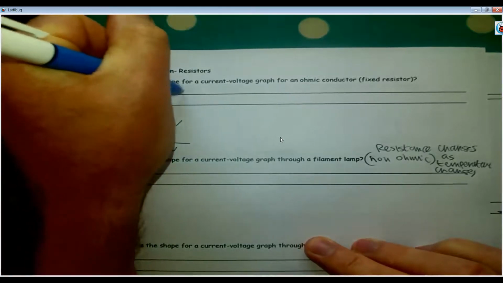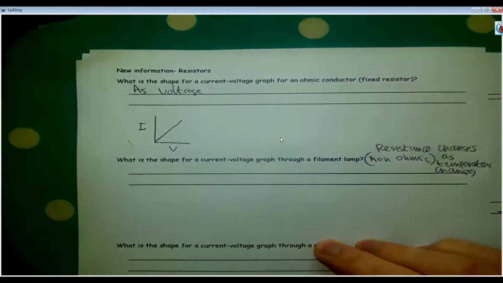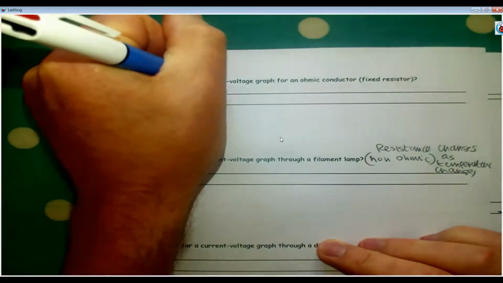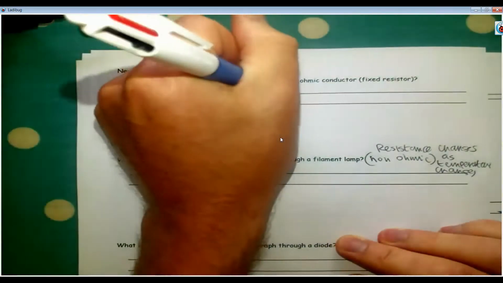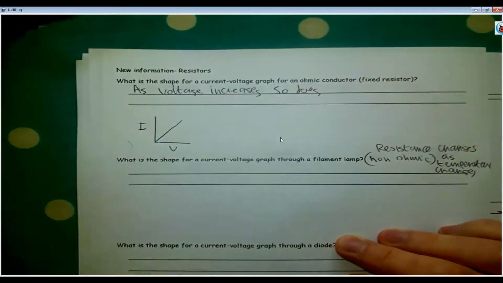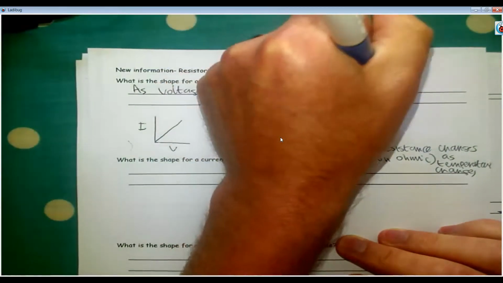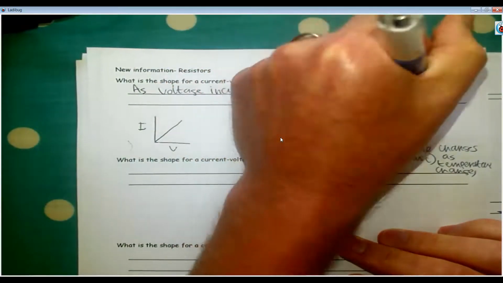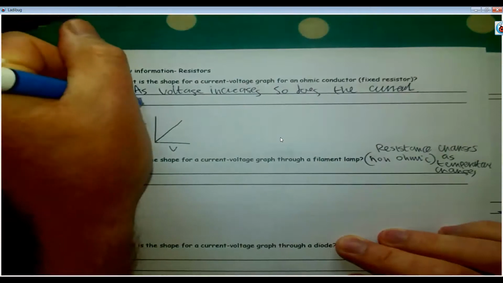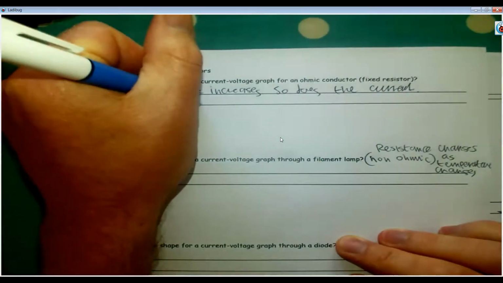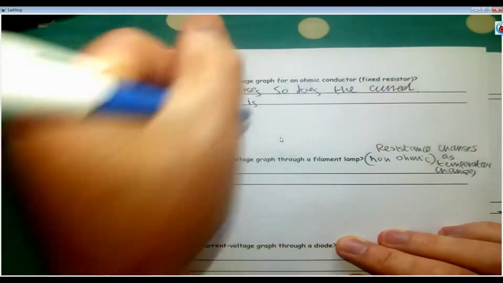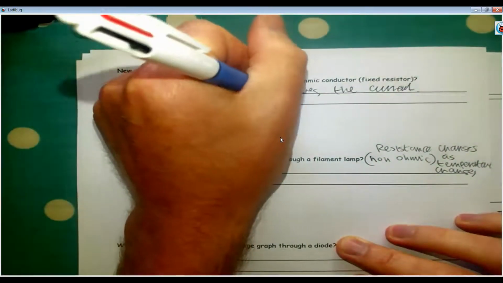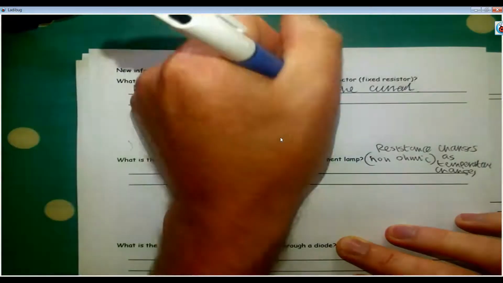As voltage increases, so does the current. The relationship is directly proportional.